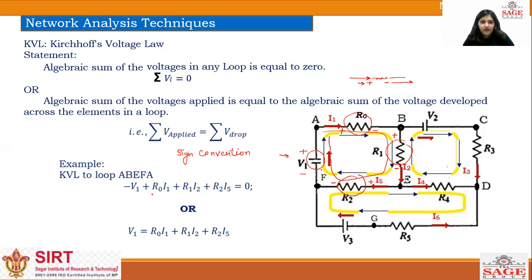So minus V1 plus R0 I1, and this is resistor R1, and the current across this resistance is I2, plus this again current R2 and the resistor R2, and the current which is I5 is equal to 0.